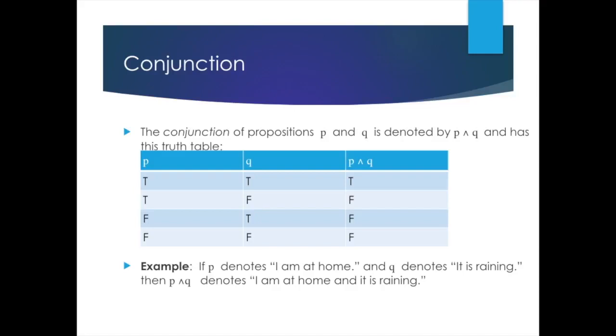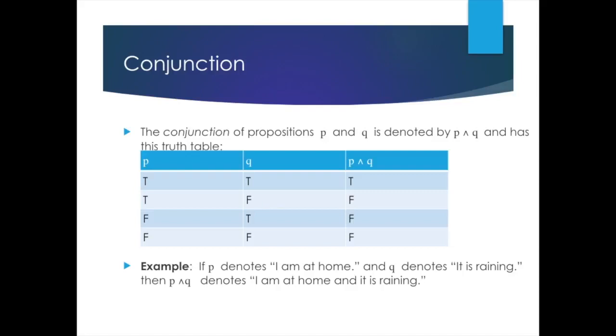Now let us take an example. P is just one single statement, and instead of saying the whole statement, I'm giving it a variable. It's just like in Python when you declare a variable and say P equals this statement. P is I am at home. Q is it is raining.